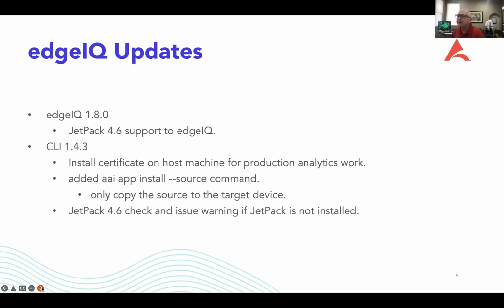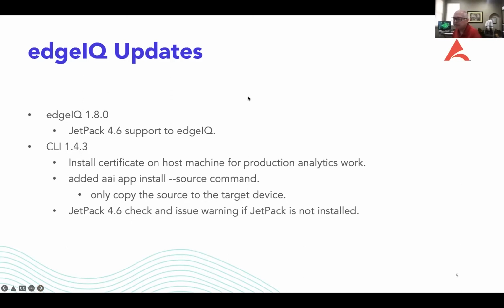So we've added alwaysAI app install --source, which will only update the application code. You're not going to get all the other pieces that go into the system. Nice feature there. And of course, CLI 1.4.3 will check for Jetpack 4.6.